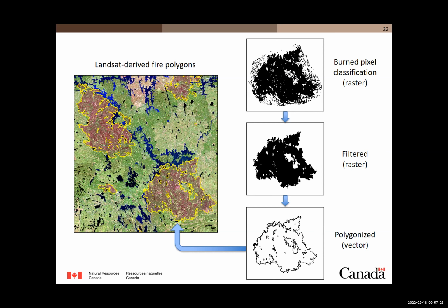Then we run a conversion tool to transform that raster output to a vector polygon, which we then overlay on the post-fire image to determine the quality of that mapped product. Overall, the steps I went through are a very basic and also an accurate way to map fires on a Landsat image.